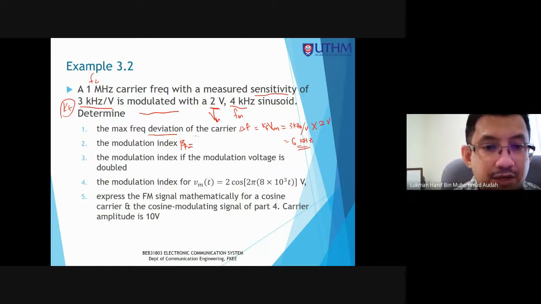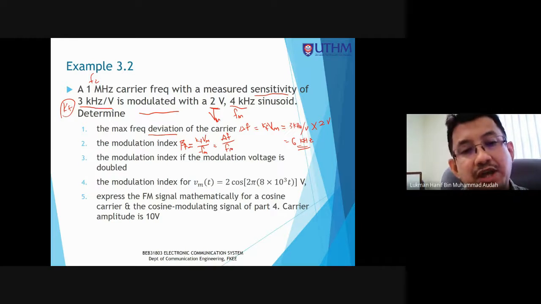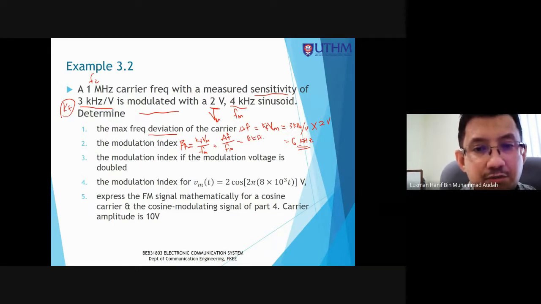So therefore you can write either like this, kf Vm over Fm, or you can also write delta f over Fm. Since we already know kf Vm, kita dah dapat dalam soalan sebelumnya tadi, so ini bersamaan dengan 6 kilohertz from the previous question.